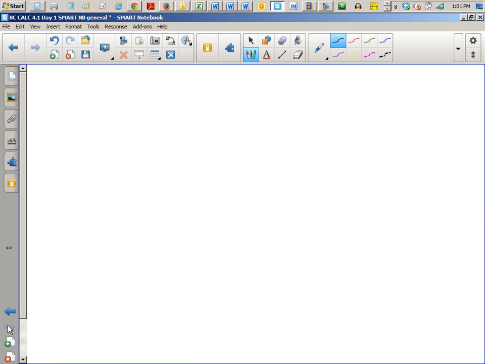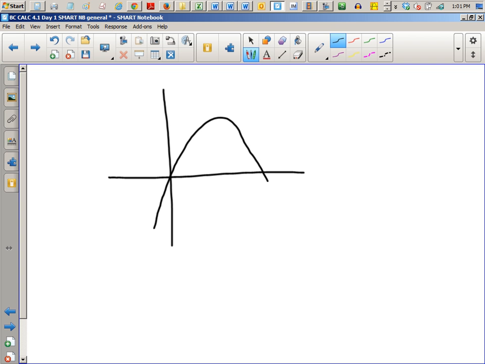So what I want to do is draw my favorite graph, which is this function. Except I can't really draw it. It's supposed to look like a parabola. Let's see here. There we go.